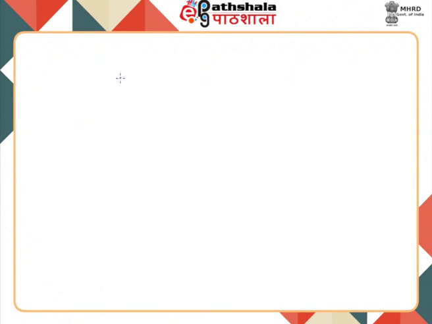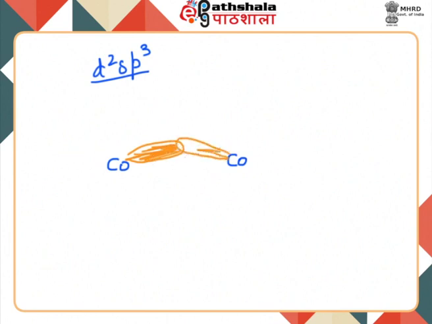After understanding how the d2sp3 hybridization is taking place, let us try to draw the structure of dicobalt octacarbonyl. So these are the two cobalt atoms, and they have gone into d2sp3 hybridization, and we have understood how there will be formation of a sigma bond between this carbonyl, let us make this orbital here, and this carbonyl, and notice that this will be bent in shape.